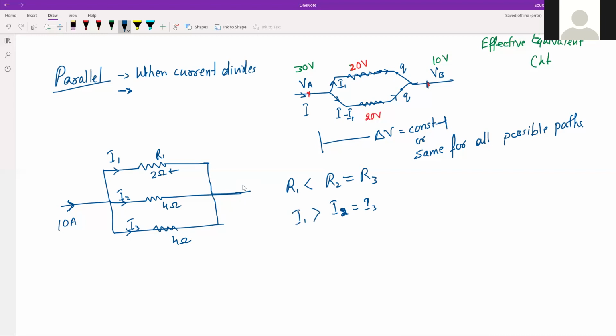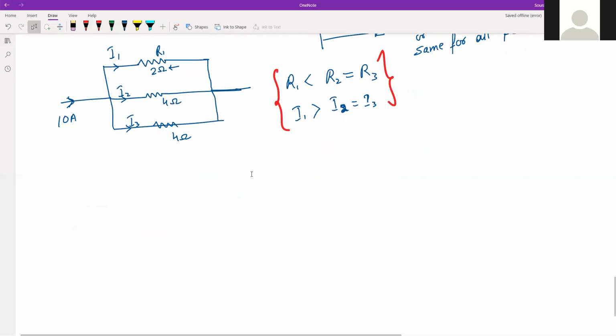So I1 will be more than I2, which is equal to I3. So this is the first thing I want you to notice: current will be divided, and the way current is divided is just opposite to the division in potential drop. Sorry, potential drop is going to be the same, right?